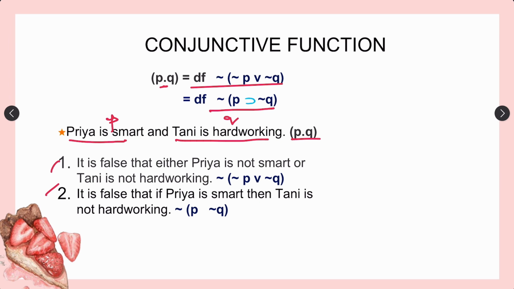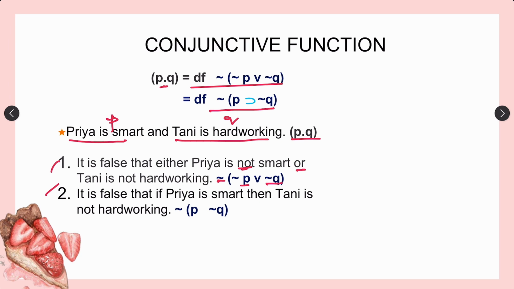The first one is: it is false that either Priya is not smart or Tane is not hardworking. So this can be written as: it is false that negation P, Priya is not smart, wedge, Tane is not hardworking, negation of Q.